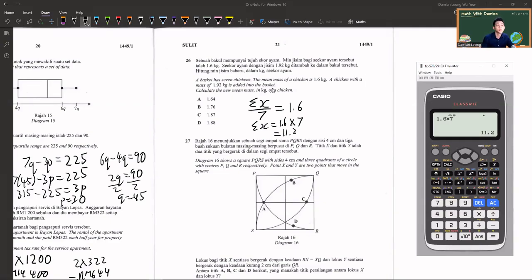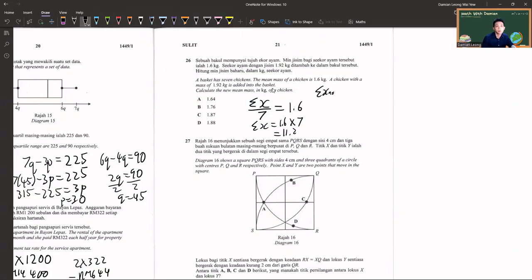Okay, 11.2. So the new total, okay, jumlah baru selepas ayam ini ditambah ke dalam bakul itu. So dia menjadi 11.2 plus 1.92. So 13.12.